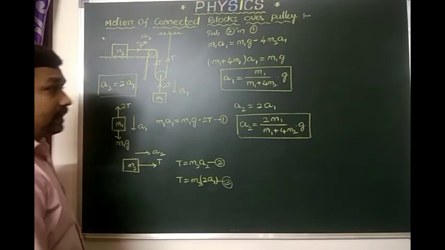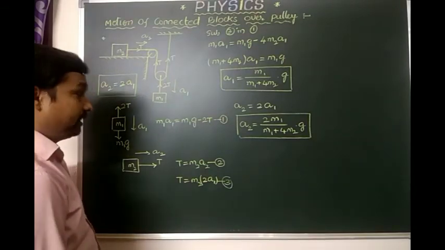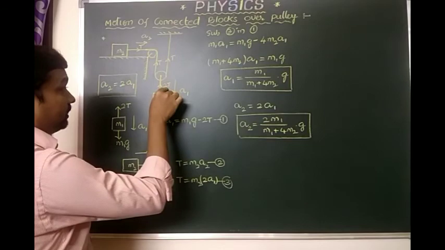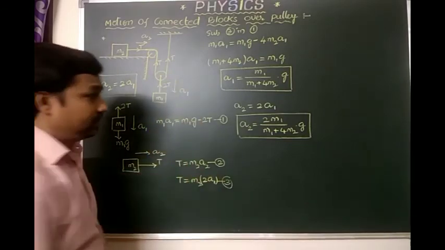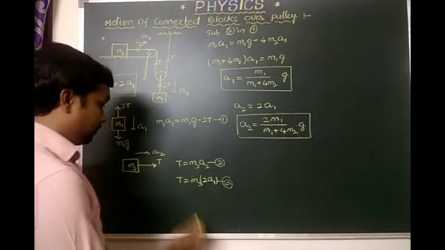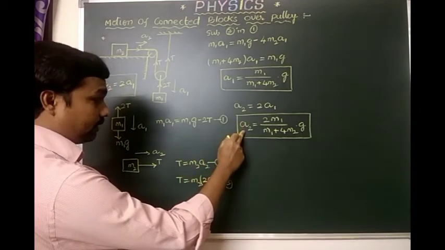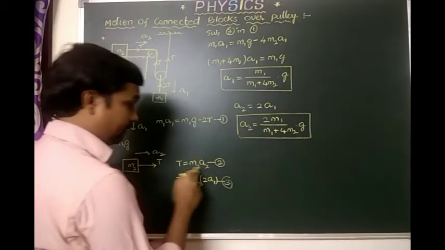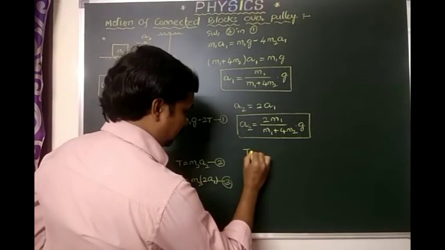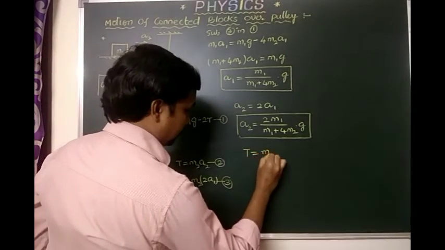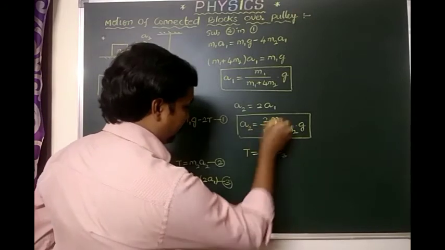Now you can calculate tension. What will be the tension in the first string? If we double it, we get the second string tension. So you can substitute for tension T. T equals M2A2, so you can substitute directly in the second. A2 value is this.